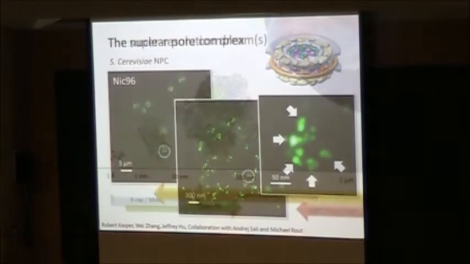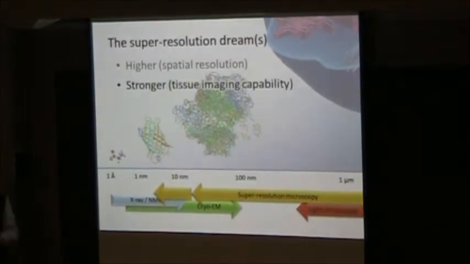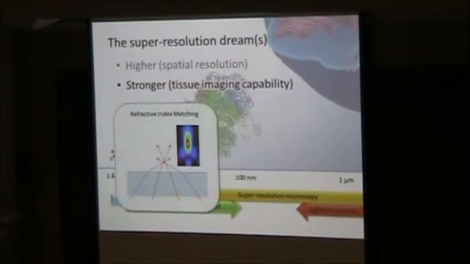The other direction is to look deeper into a tissue sample. One natural challenge when imaging away from the surface is that when you're using an oil immersion objective to look into water, there is a refractive index mismatch that can cause a lot of spherical aberration when you are, say, 10 micron or 15 micron away from the surface, not too far to get into the scattering problem yet.